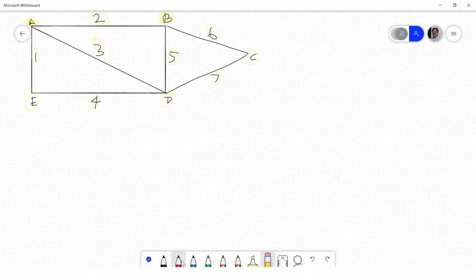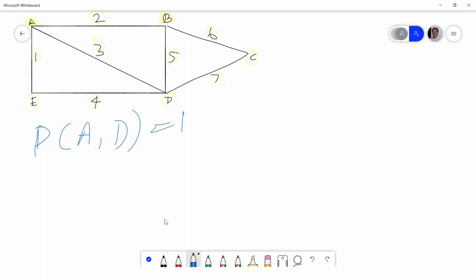Look here, I take a pen. Now, the path between A and D. So I have to find P of A comma D. This is the notation that I am going to find. There are paths available.